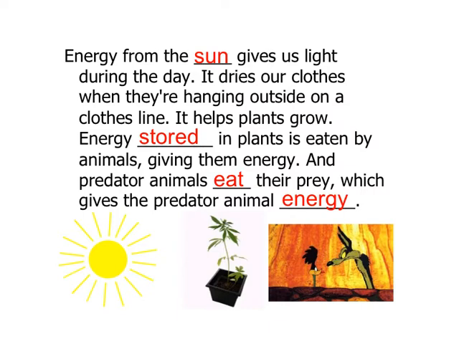So that glucose is the chemical energy stored in that plant. And then along comes animals and they eat those plants and they get that stored energy. Then along may come a predator who might eat that prey, and then that gives them more energy. So food is a chemical energy.